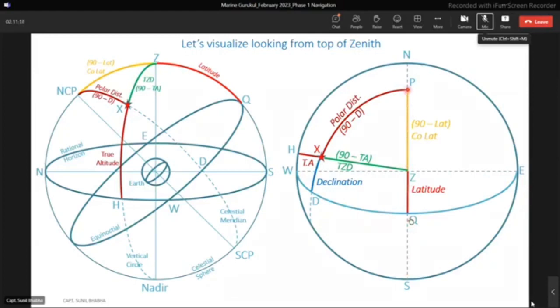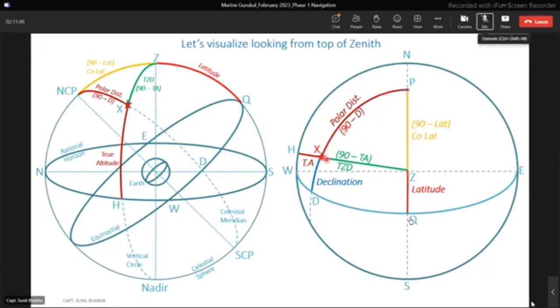And if you see the side PXD, this particular side is the celestial meridian of the heavenly body, the star. So this particular angle which you see here, that is angle P, is the angle between the celestial meridian of the observer and the celestial meridian of the body.